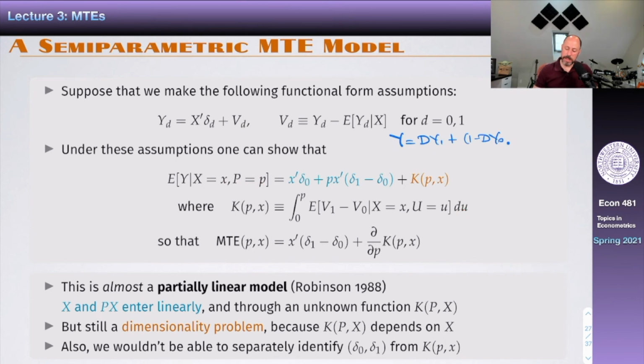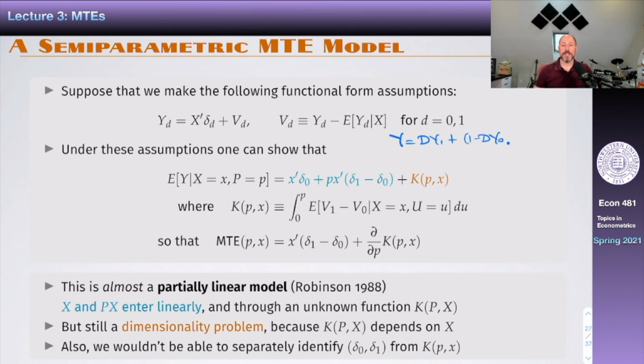So now, if you take the derivative, remember, the marginal treatment effect is the derivative of this expression with respect to p. You have the marginal treatment effect at p for each x, which is x times (delta 1 minus delta 0) plus the derivative of this function k with respect to p.